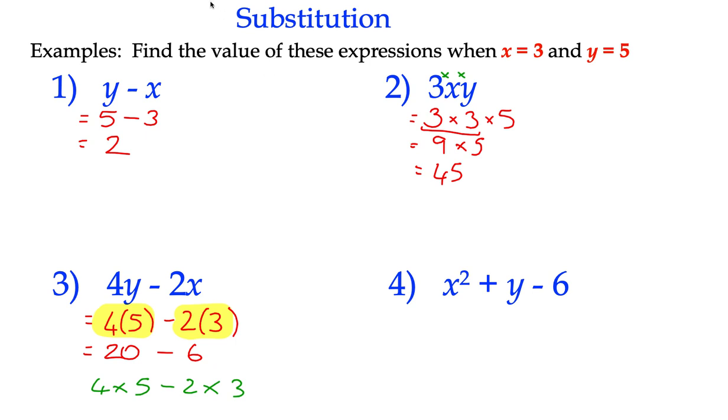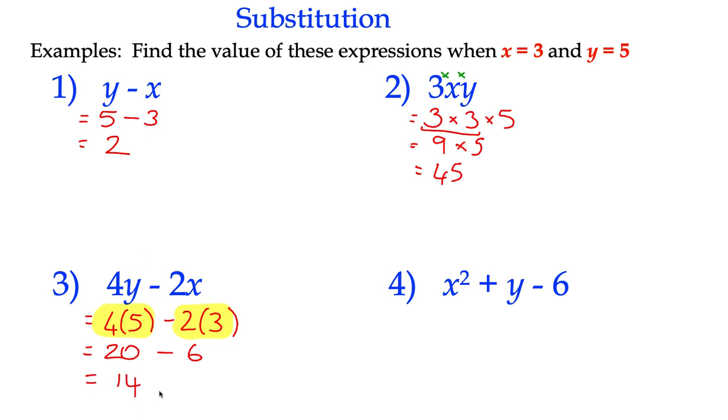The reason why I like the brackets is that there's no sign between the 4 and the 5 and the 2 and 3. It brings them closer together, and it reminds you that they're more important. They're closer together, and there's still that one gap with the minus sign, which is easy to leave till the end. So what have we got? 20 subtract 6 is 14.